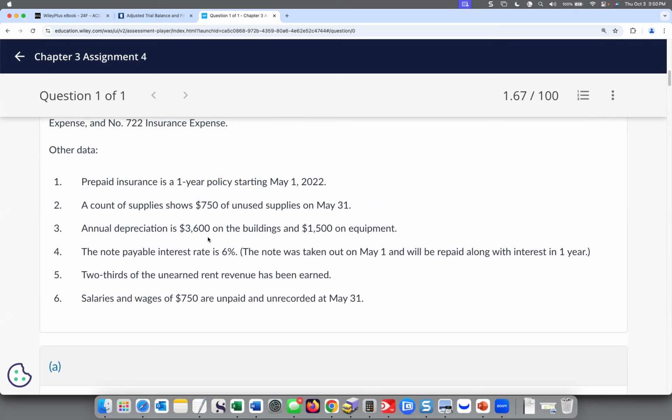Number 3 says annual depreciation is $3,600 on buildings and $1,500 on equipment. We know this is depreciation, so that's going to be that entry. We've got 2 different assets we're recognizing depreciation expense on.